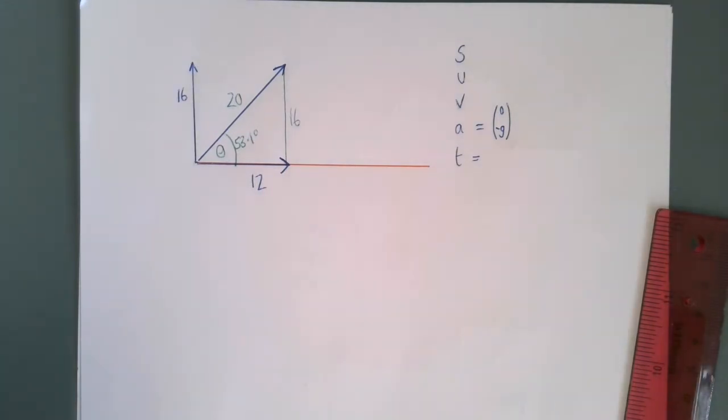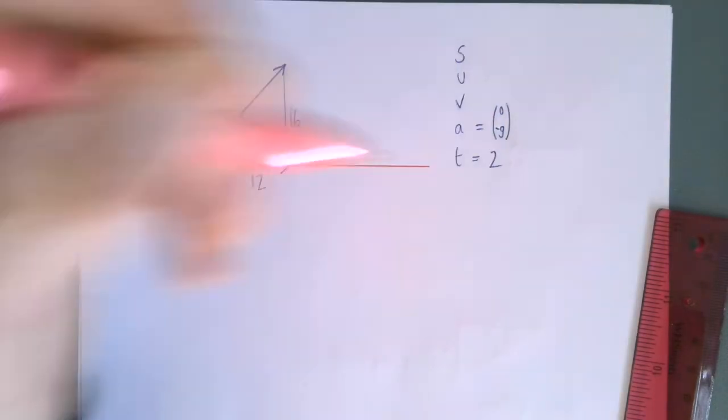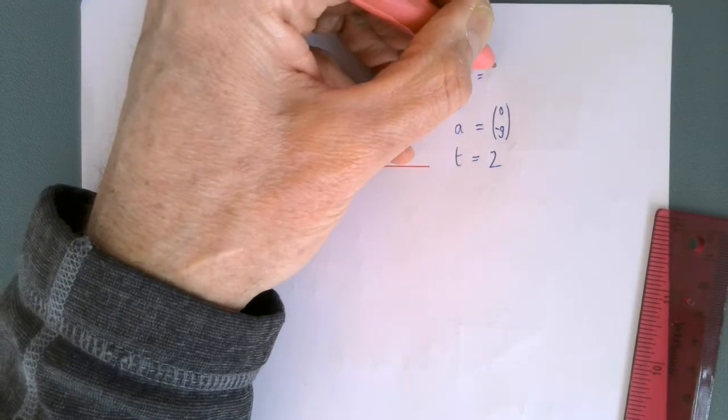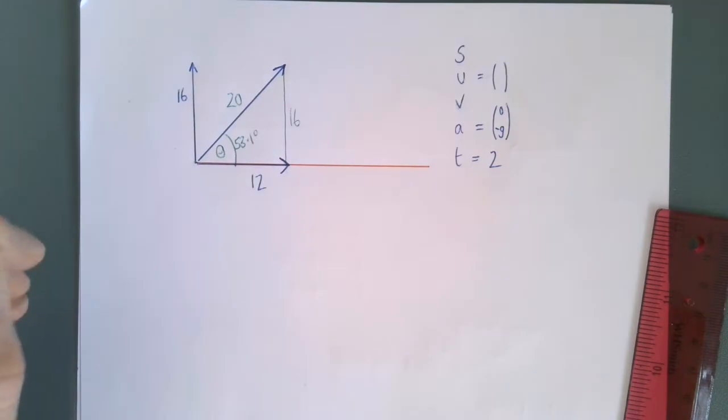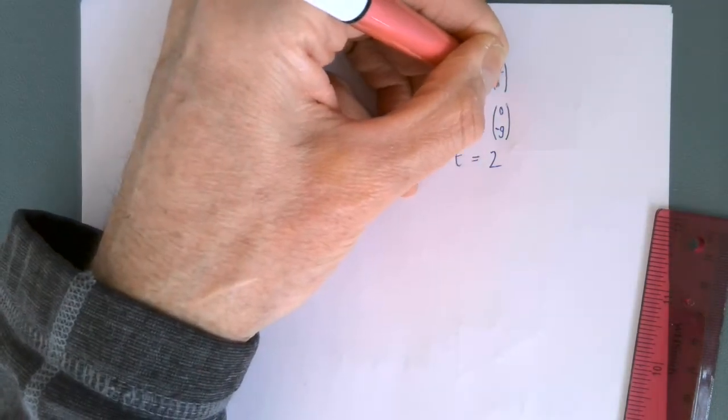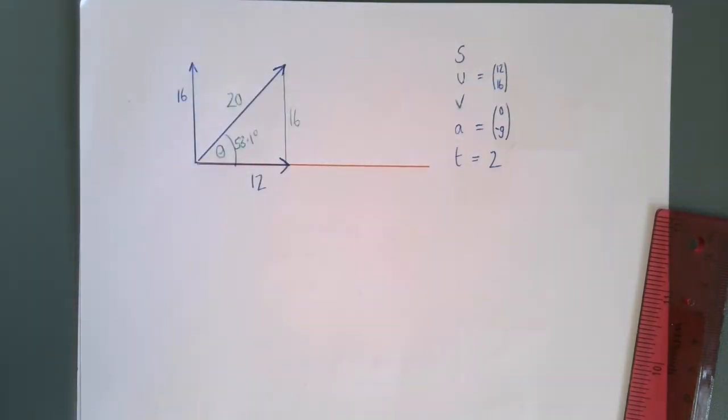So in this question, we're asked to say its velocity 2 seconds after projection. So we've got its initial speed. I'm wishing I'd left myself a bit more space here. So its initial speed given to us in vector form was 12, 16.